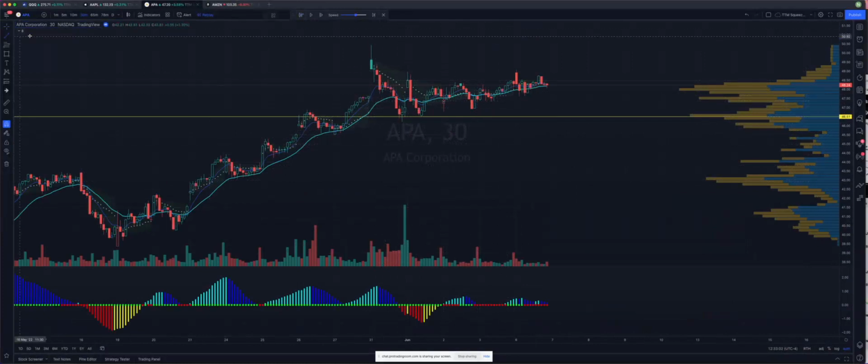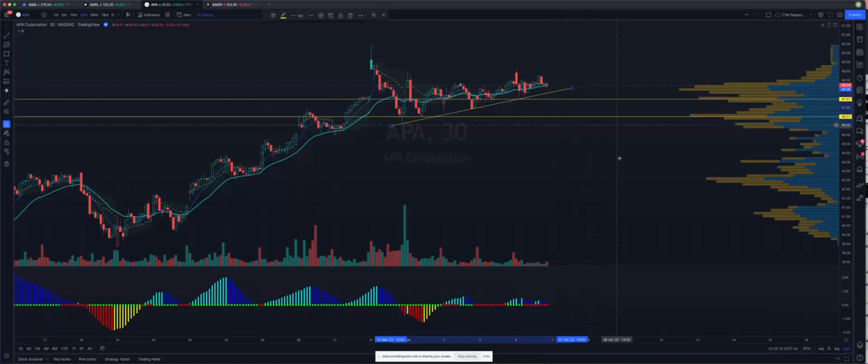It helped create levels in which during this accumulation and distribution phase, before it went again, areas I could take chances off that would act as support, because in my thesis on this TTM, this was going higher. This was consolidating and it was going to move higher. And I just wanted to take entries at key spots so that I could create a position to capture the move that ultimately went higher.